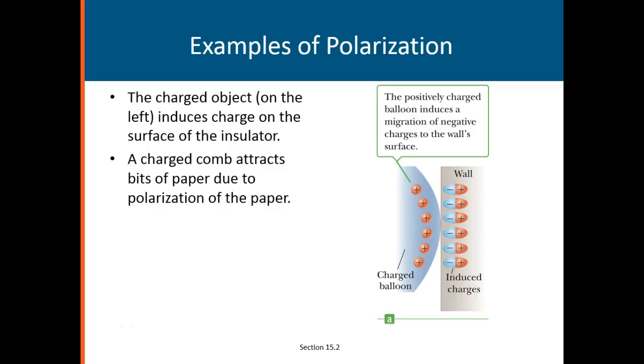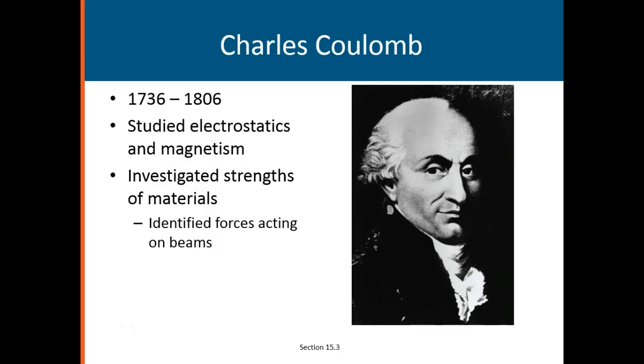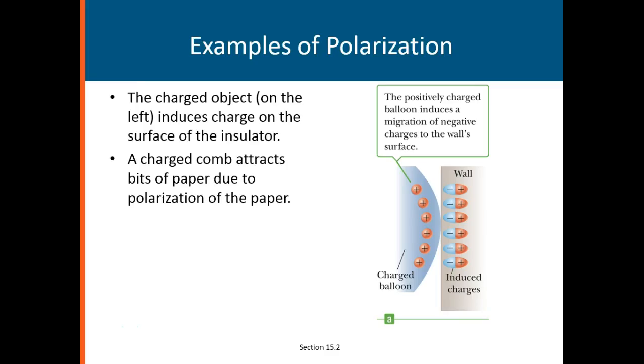Now, okay, we're going to stop there, but let me give you one more example of polarization that I wish I didn't know so much about. Have any of you ever heard of cobwebs? Guess what? They're not really webs. What they are are little charged pieces of dust.